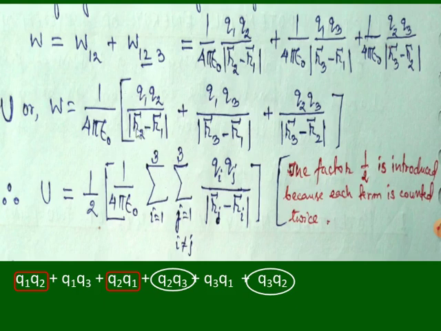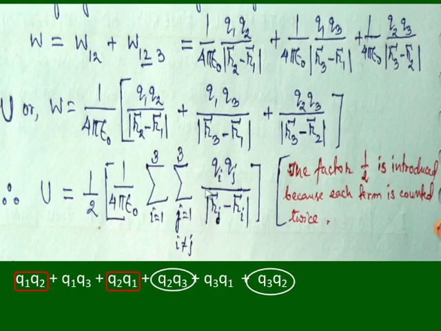Why is this another factor half coming up? It was not there before. When I take this, i should go from 1 to 3, and j should also go from 1 to 3, and after writing that you have to take the sum.